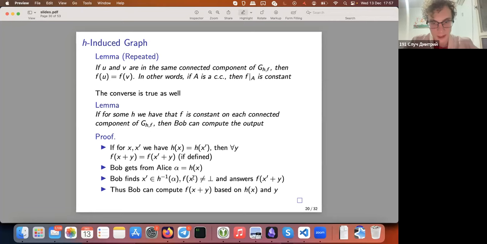And if he can find such x prime, he answers F of x prime plus y, otherwise he answers arbitrarily. And then we notice that the thing that Bob answered, F of x prime plus y, is equal to F of x plus y. So Bob computed the required value, knowing only Alice's message and Bob's input.